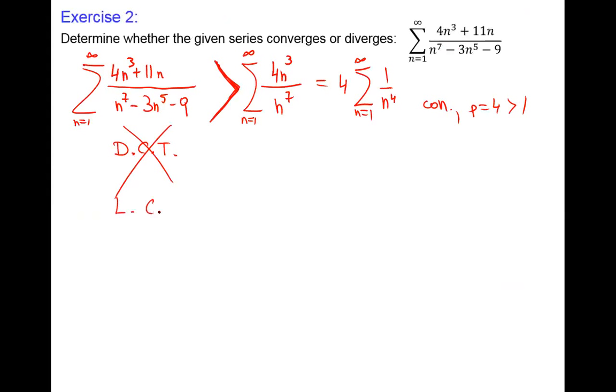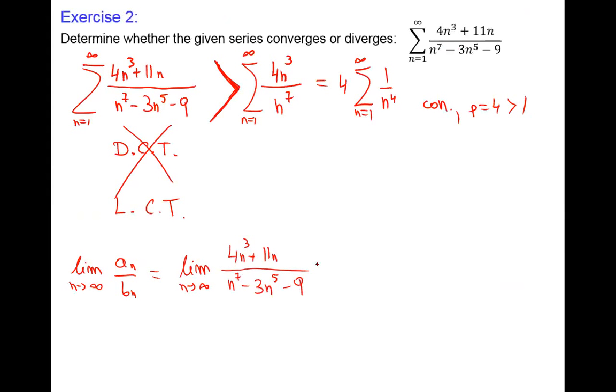Okay, we always have a limit. Limit as n goes to infinity, a sub n over b sub n. Let me create a limit. That means a sub n is 4n cubed plus 11n over n to the power of 7 minus 3n to the power of 5 minus 9.